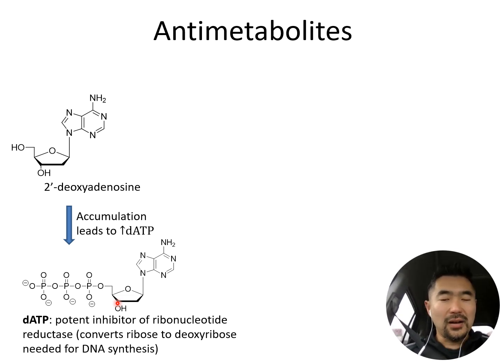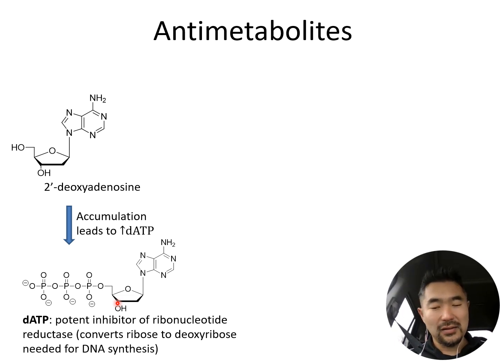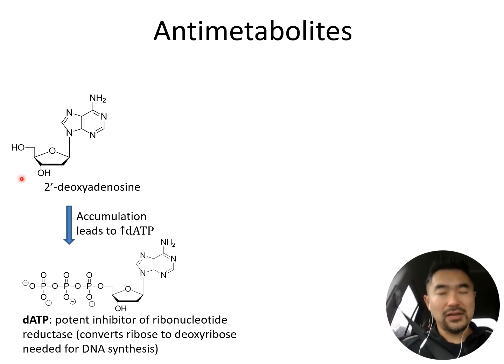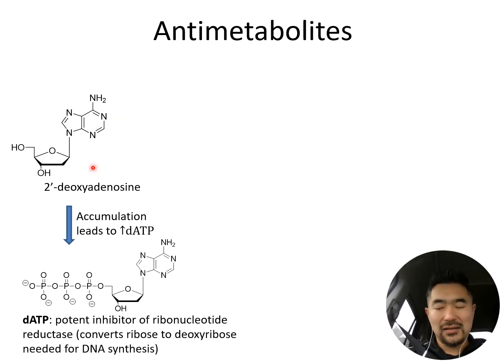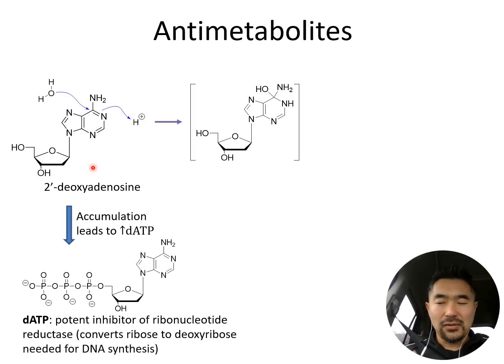And the reason why your body may want to produce dATP, a potent inhibitor of that enzyme required for biosynthesis of deoxyribose, is that if this accumulates, that's a good indication that you're doing way too much DNA synthesis in your cell. So that's the feedback loop mechanism that regulates DNA synthesis in a healthy cell.